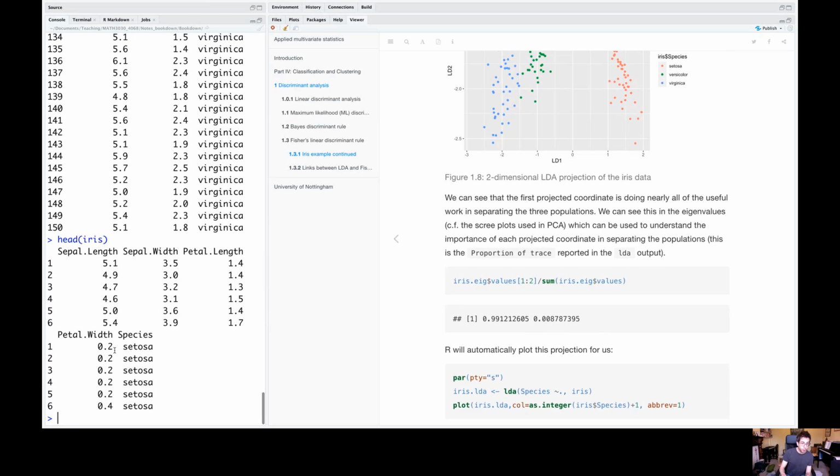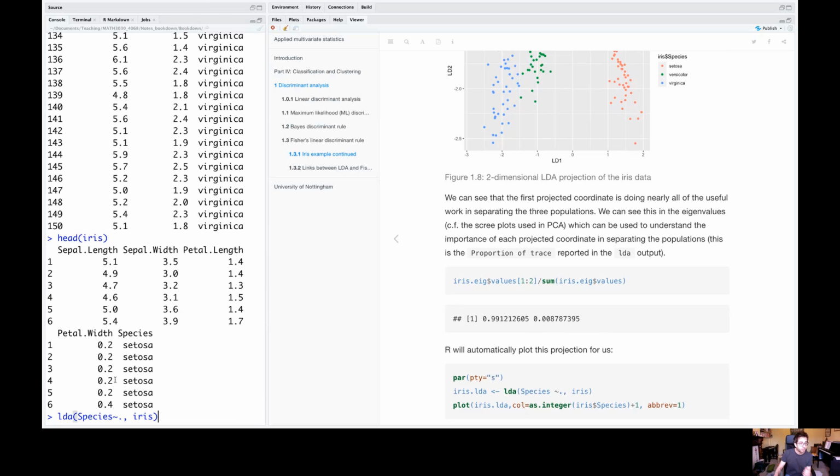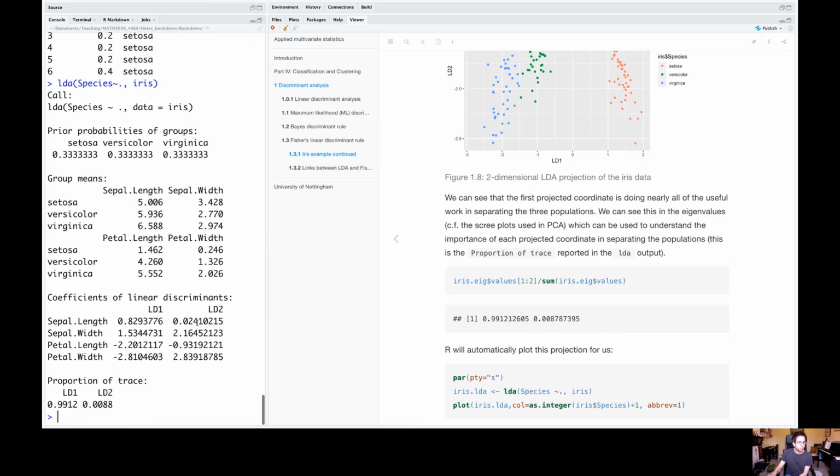And this is what R reports when we do LDA. So if we do LDA of Species against a little dot, so for the iris data set, doing exactly what we've just done here, we get reported this proportion of trace, and that's what it's done. It's given us the eigenvalues over the sum of the eigenvalues.